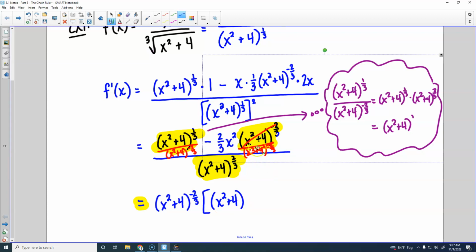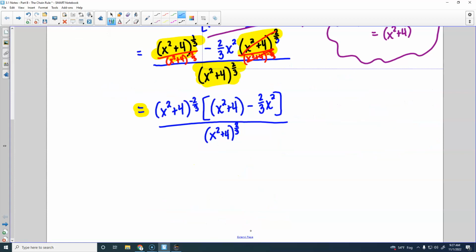And then over here, in that second term, we factored out the x squared plus 4 to the negative 2/3, and so that just leaves us with the 2/3 x squared. Give you a second to think about that, make sure you understand what's happening.